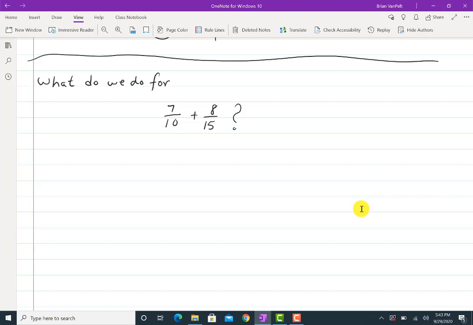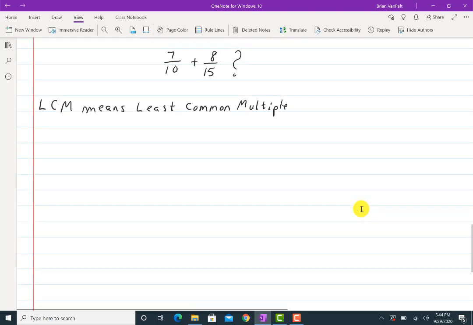So from now on, I'm going to use a 3-letter acronym. LCM means least common multiple. And let me do an example to show you.